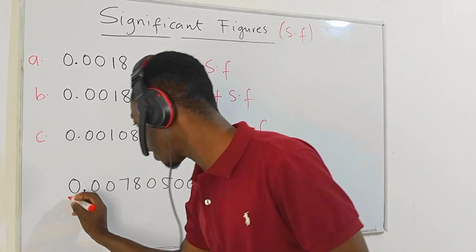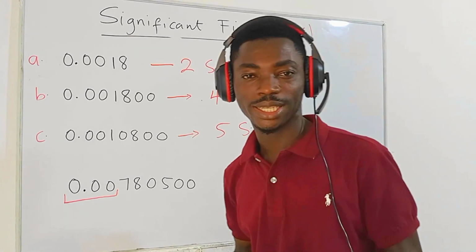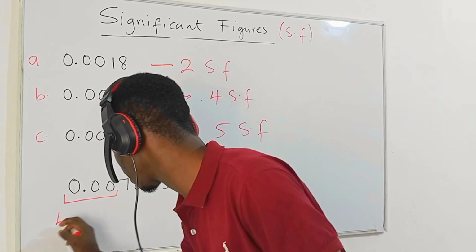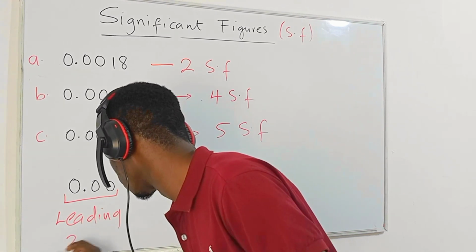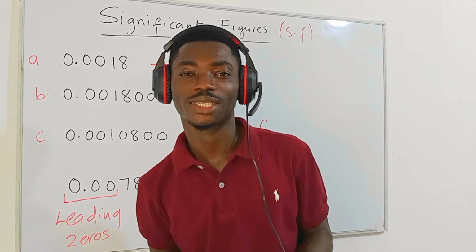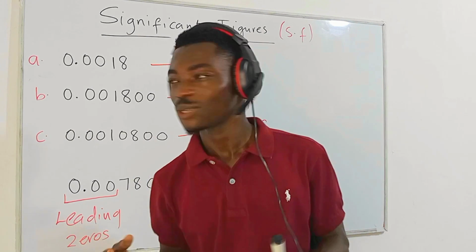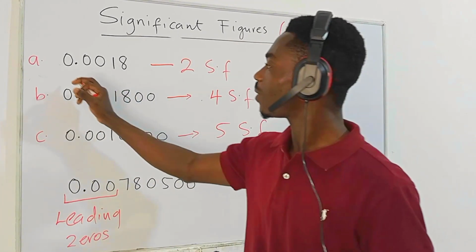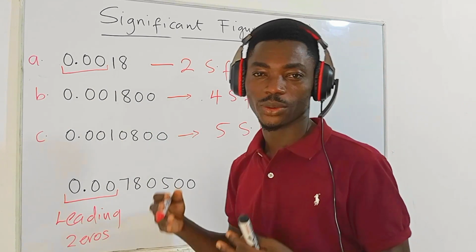Now, these zeros right here in front are known as leading zeros. So let me write it. They are known as leading zeros. And one key thing about leading zeros is that all leading zeros are not significant. So if you look at case 1 right here, all these are known as leading zeros, which are not significant.